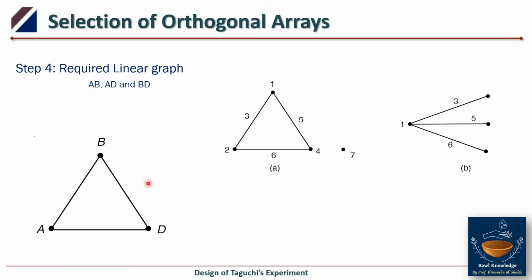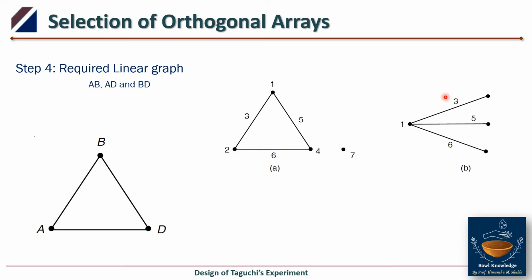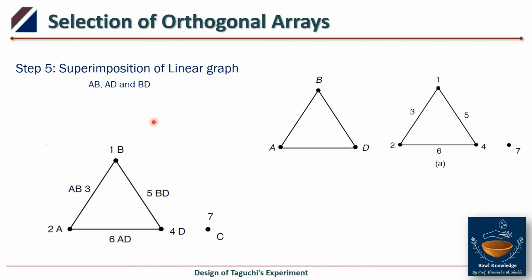So how to do this? Step number 5 is superimposition of the linear graph. As I said, this option is not working for us, and this one is going to work for us. So we will superimpose this requirement onto this available standard graph. These interactions are required by me and this was the option available.